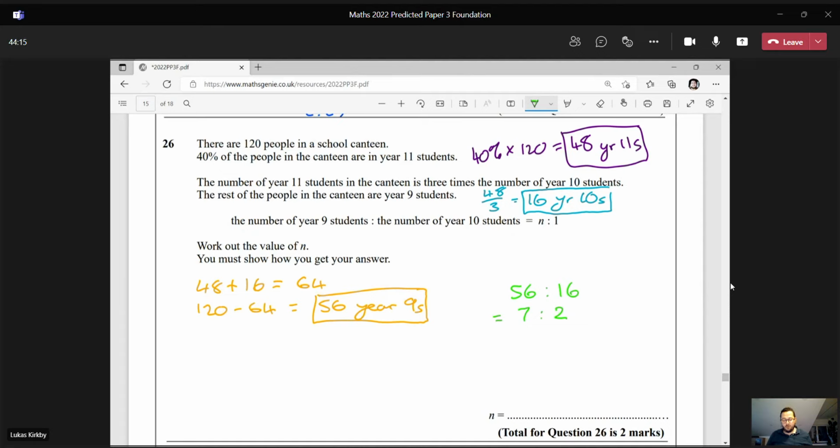Okay, now we want n to be 1. We want this to be 1. So for this to go to 1, 2 to 1, I've divided by 2. So I've got to divide 7 by 2, and 7 divided by 2 is 3.5. So n must be 3.5.